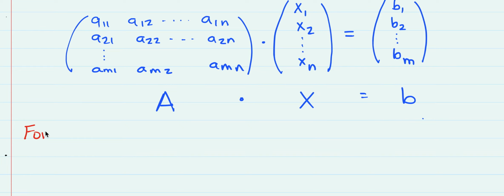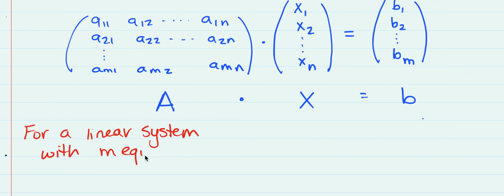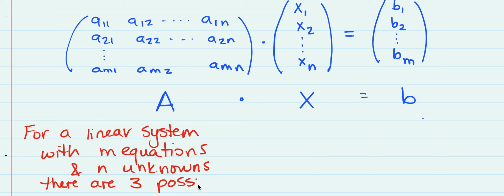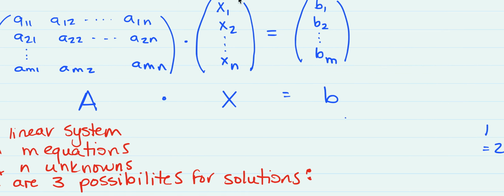So for a linear system with m equations and n unknowns, there are 3 possibilities for solutions.